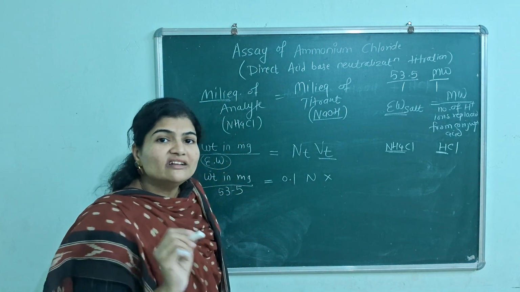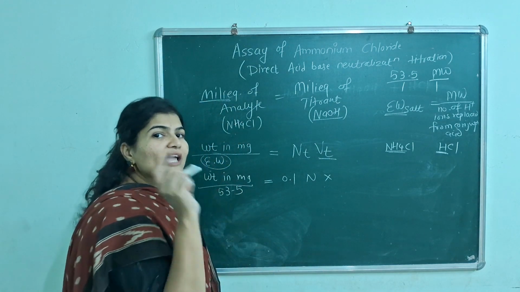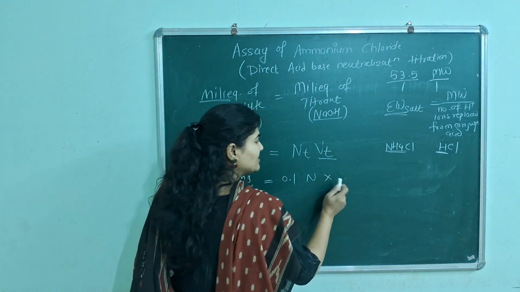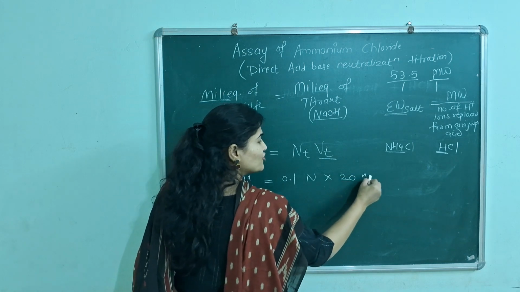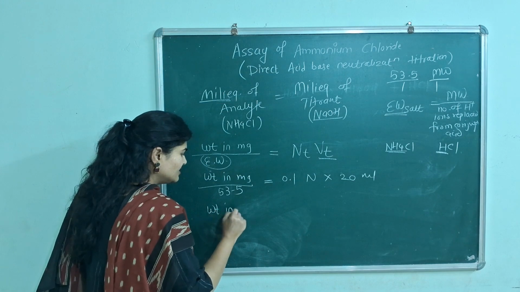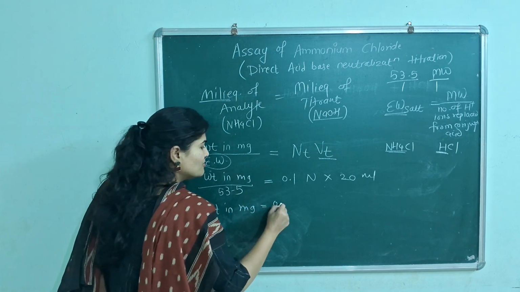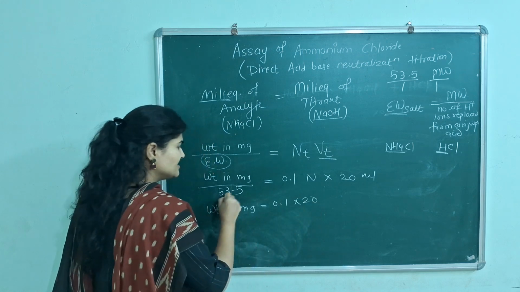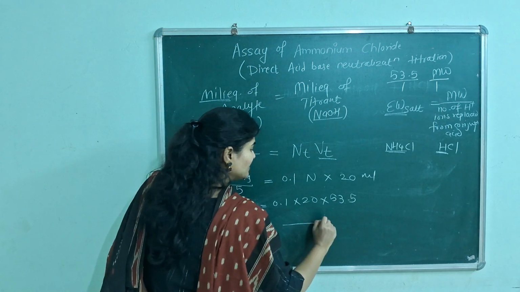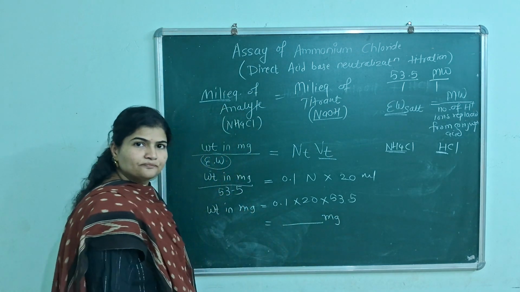It is the mean burette reading for the assay of ammonium chloride, right? So whatever it is, X ml, Y ml, I'll take 20 ml for example. So now I will calculate weight in mg is equal to 0.1 into 20 and this will go for multiplication with 53.5. So the answer will come in milligram.